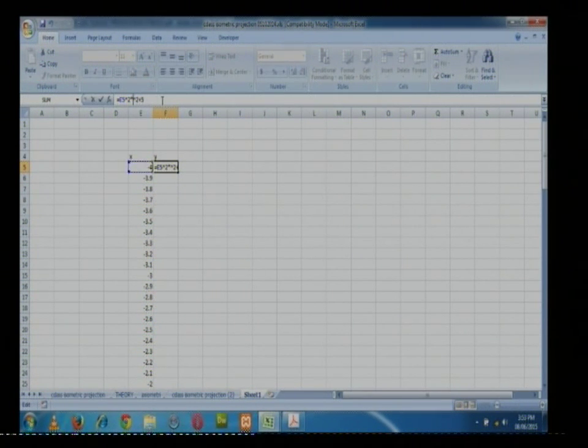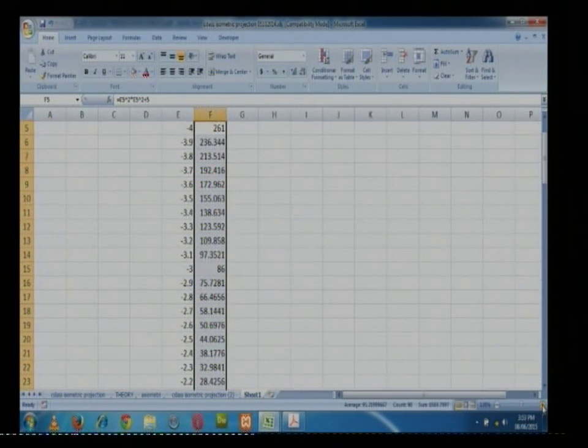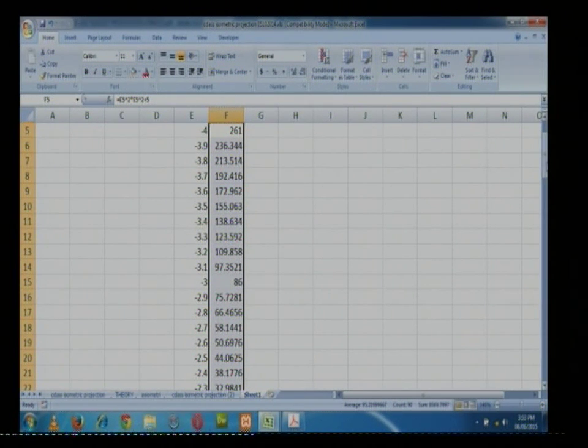Interestingly, 0 does not come here. It says 1.53 e raised to minus 15. 0 should come. This is the scientific way it is showing. If the format is General, it is written like this. If you put it as a number with decimal places, it will give a number.